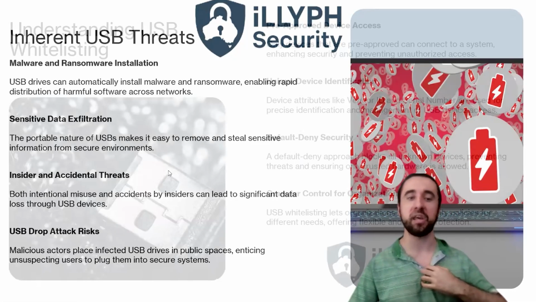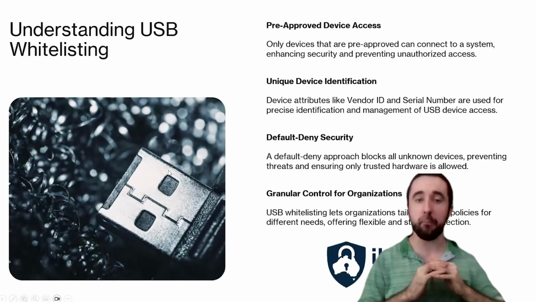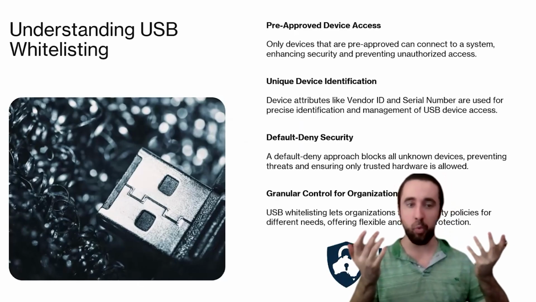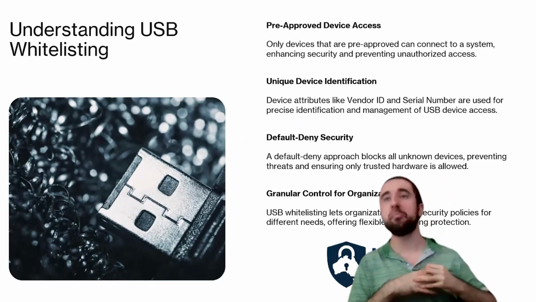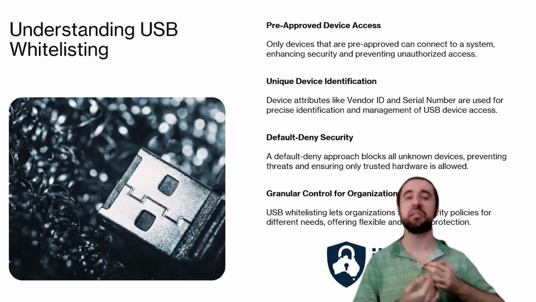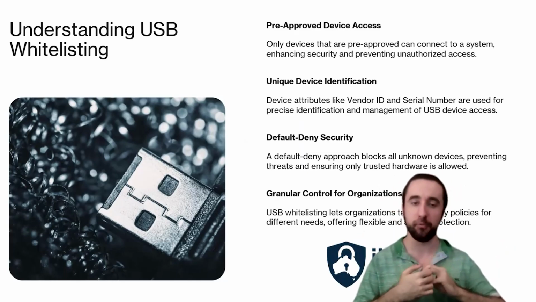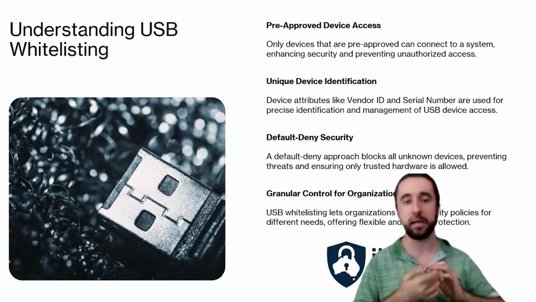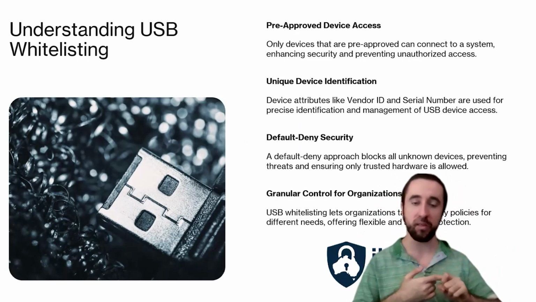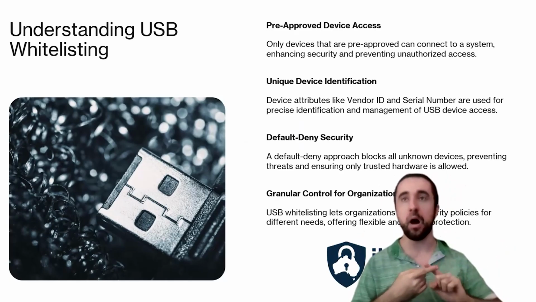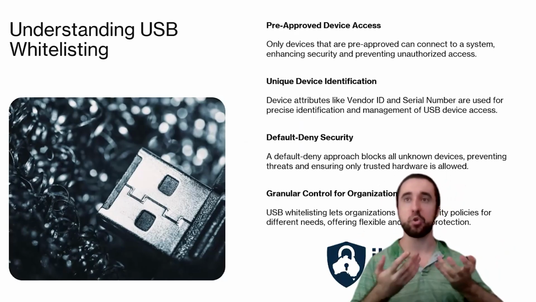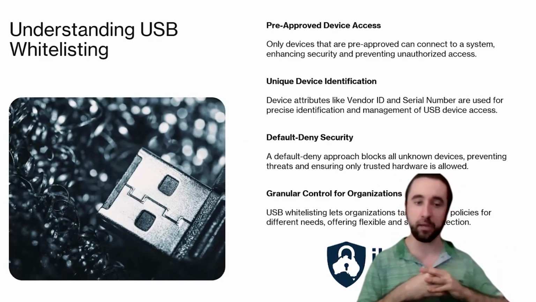Now you might be asking, how do we stop unauthorized USBs from being used? Well, the answer is USB whitelisting. Now, what is USB whitelisting, you might ask? USB whitelisting means that only specific pre-approved USB devices are allowed to connect to company systems. It works by identifying devices using things such as the vendor ID, the product ID, the serial number, which essentially creates a digital fingerprint.